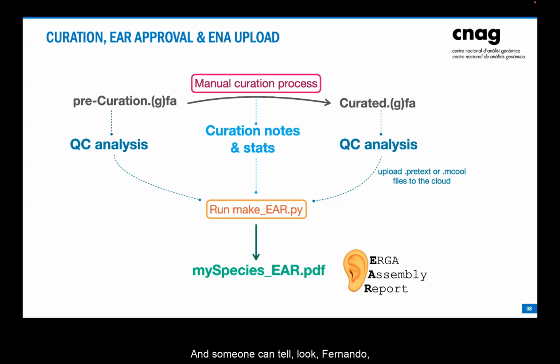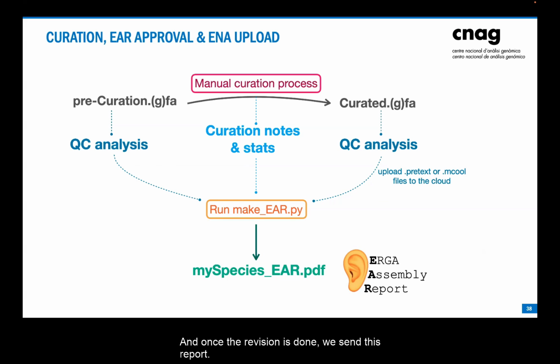And someone can tell, look, Fernando, maybe these short scaffolds you have at the end contact with this super scaffold at the beginning, move them there, try to place them inside if you can, or resolve some haplotypes, things like that.